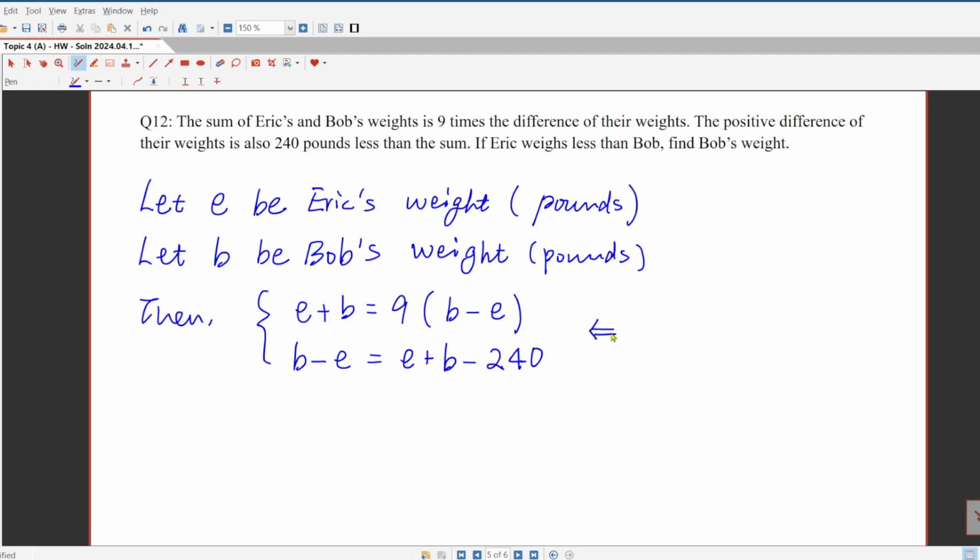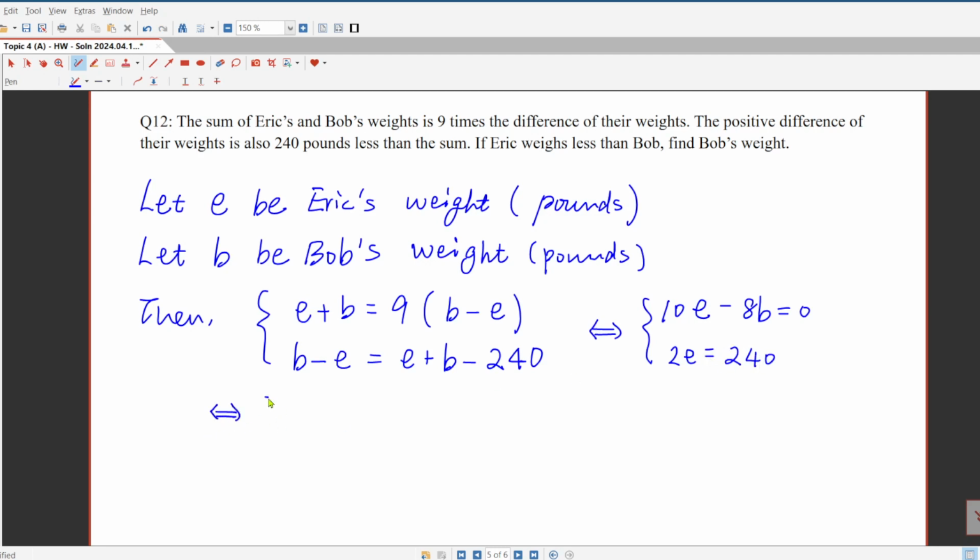So first of all, simplify this system, which gives us first 10E minus 8B equals 0, and second one just gives us 2E equals 240, right?